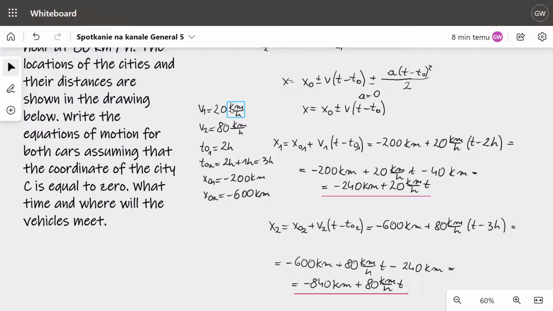Let's write the data. Magnitude of velocity vector v1 is equal to 20 kilometers per hour, and magnitude of velocity vector v2 is equal to 80 kilometers per hour.